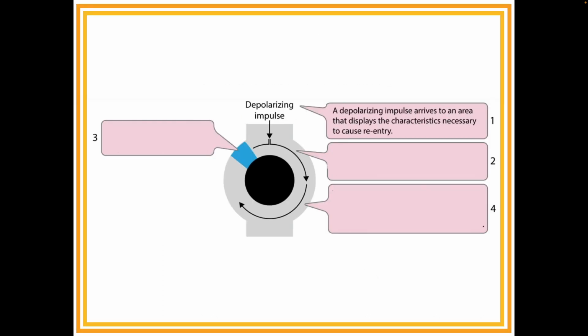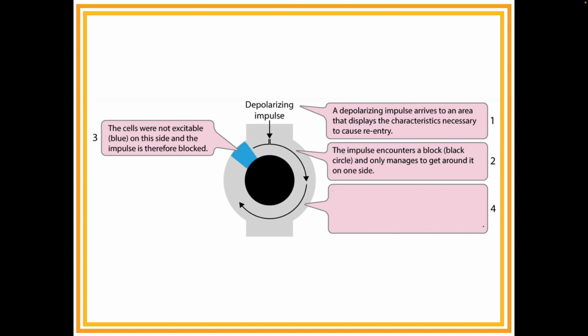So now what we have is the depolarizing impulse arrives to an area, okay, so it arrives here, and it hits the non-conducting tissue there, and it separates. So the impulse encounters the non-conducting tissue, but because there's also the block, now the impulse is going to go down one side.